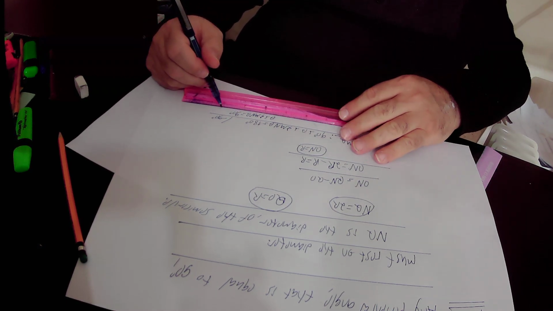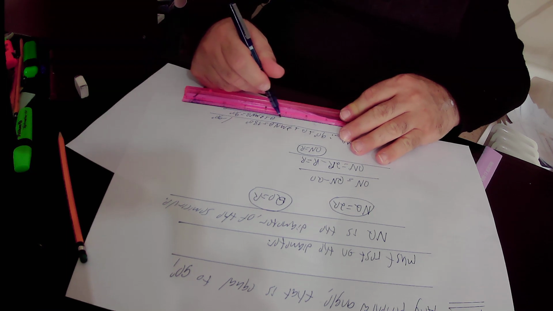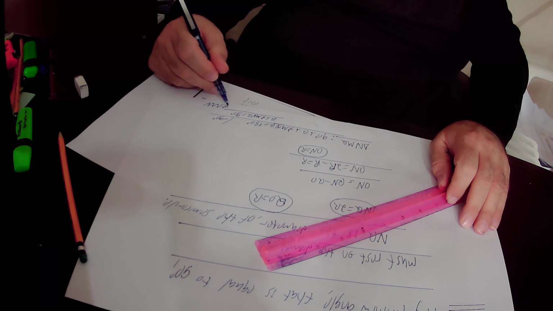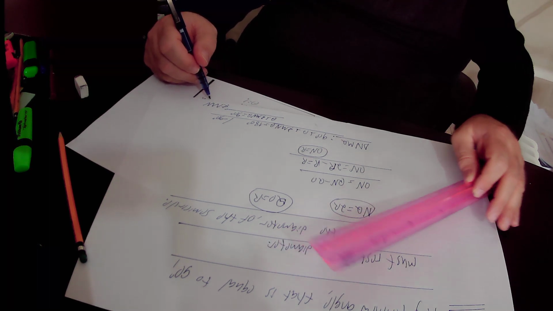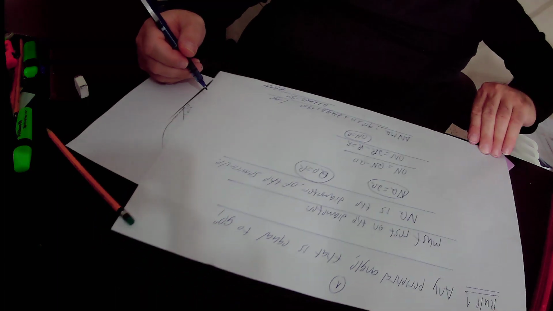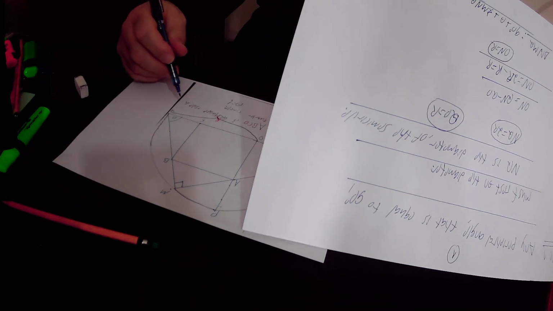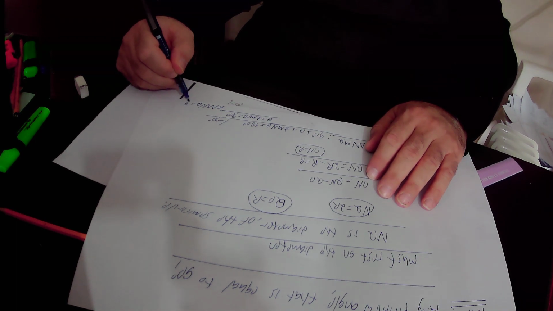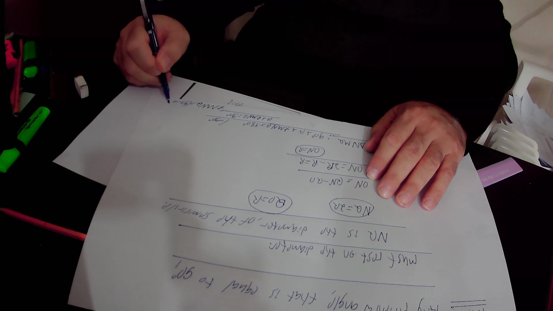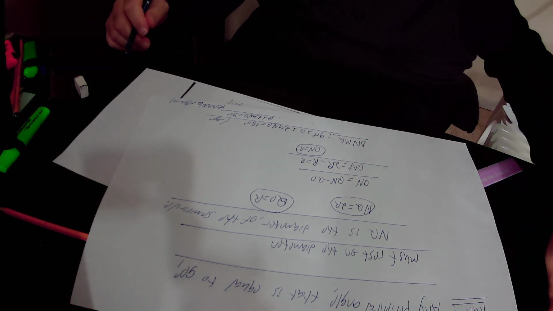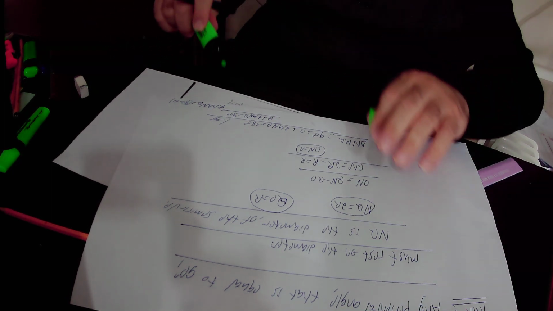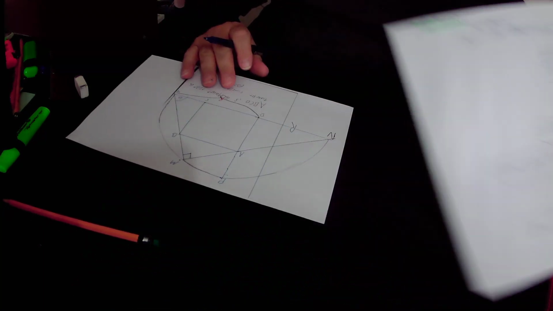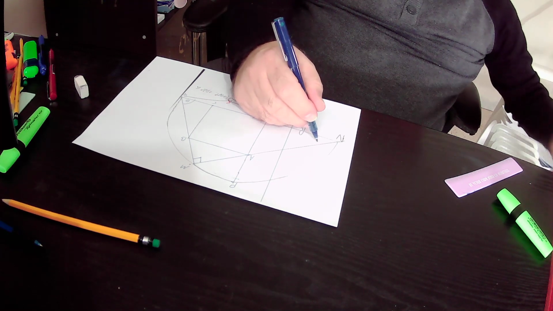We subtract theta from this equation and we get that angle MNQ is equal to 90 degrees minus theta. So we can write down here that angle MNQ is equal to 90 degrees minus theta.